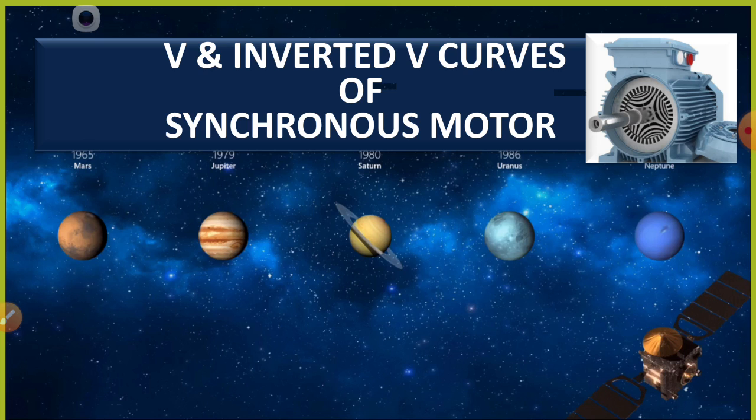At the same time, the load angle maximum is 90 degrees. If alpha exceeds 90 degrees, pull out torque develops and synchronism breaks, and the rotor comes to standstill condition.